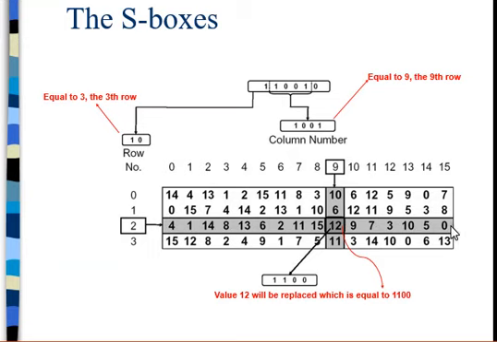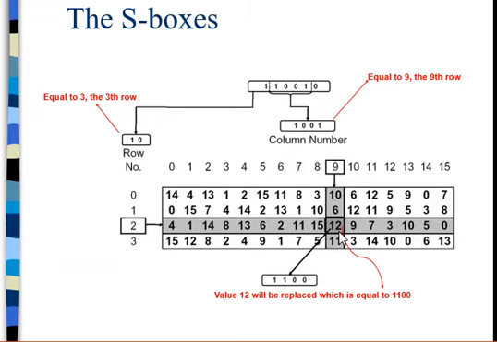Okay, and for the number of column, you need to put the remaining 4 bits here, 1 0 0 1, which is equal to 9 in decimal. Hence you need to go to the 9th column. The intersection of this column and this row will show your output.